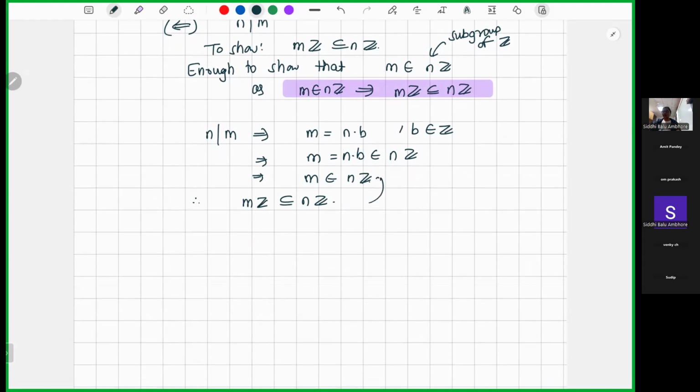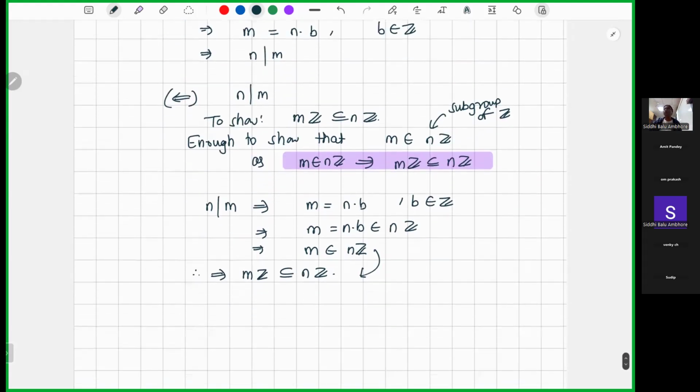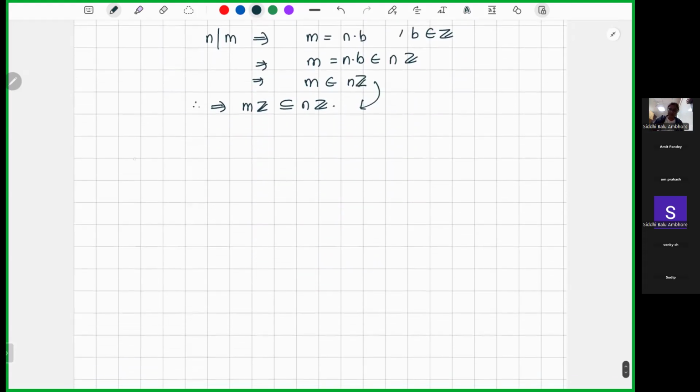From here to here, I can go without any problem. Please let me know if this is not clear. So this implies that MZ is contained in NZ. Is this okay? Please let me know if not. Otherwise, I will move to next.